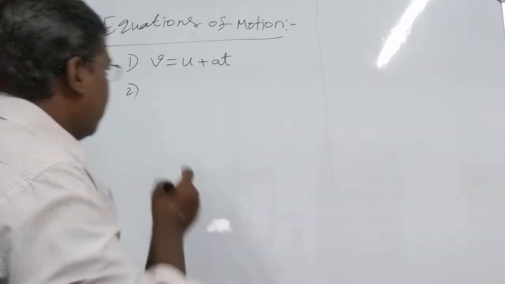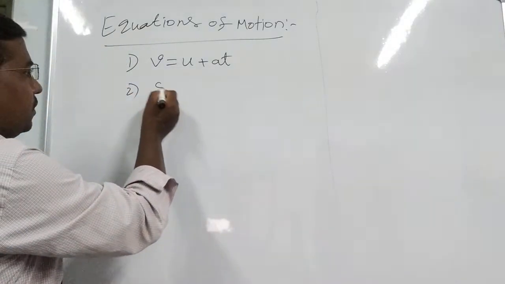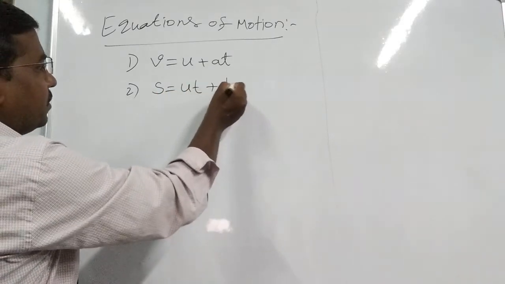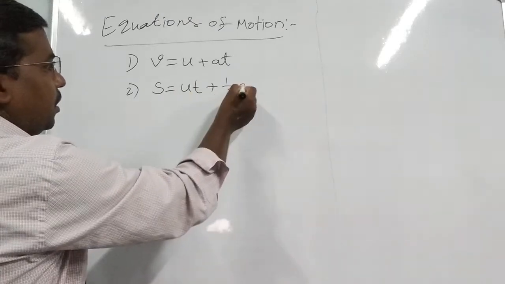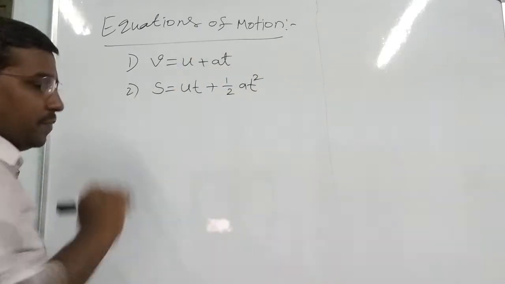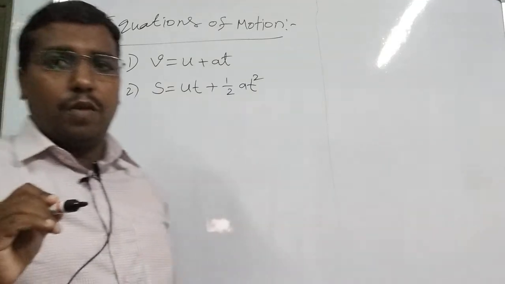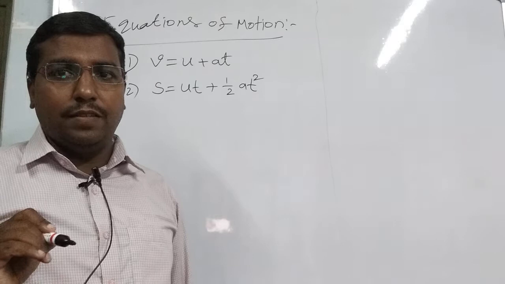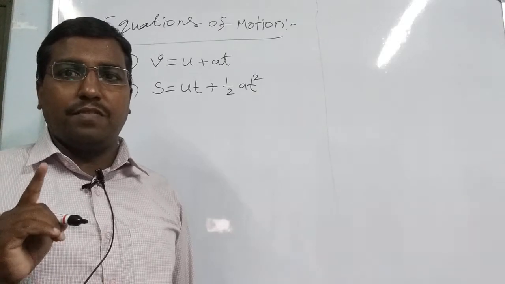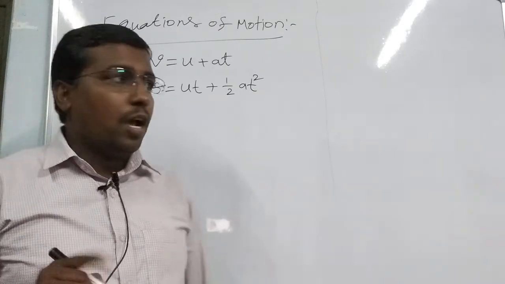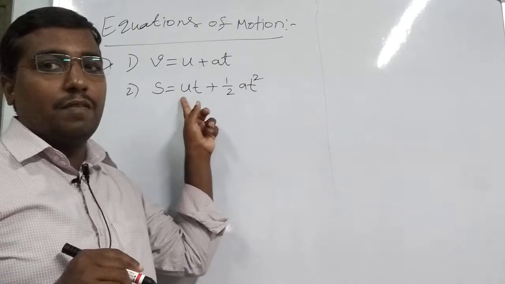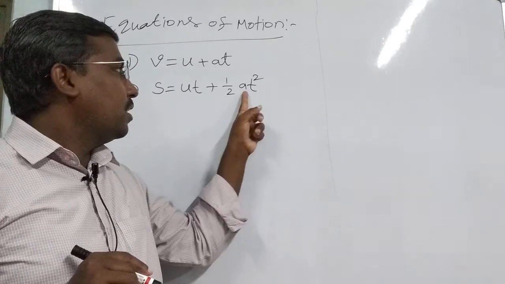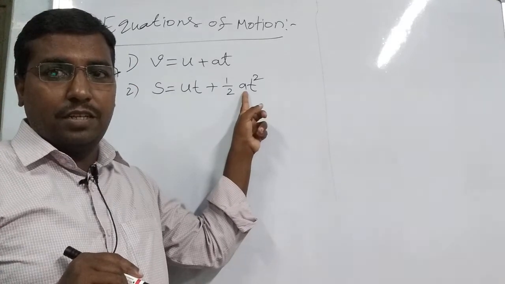The second one is s equal to ut plus half at square. What is s? s is the displacement, u is the initial velocity, a is the acceleration, and t is the time.